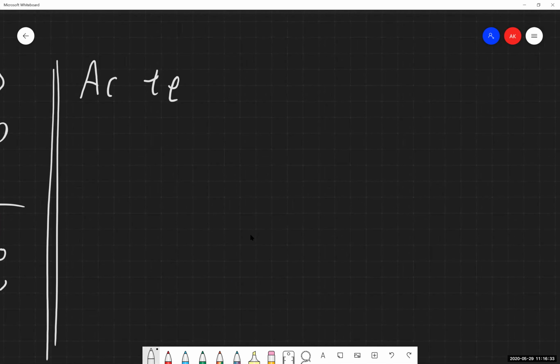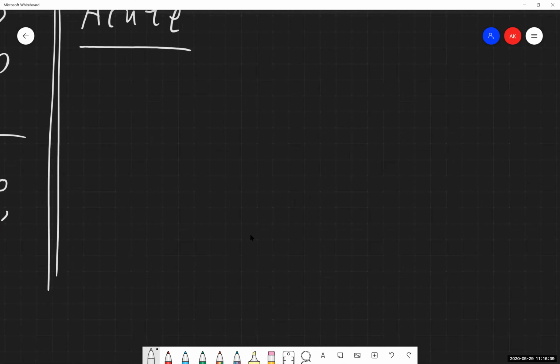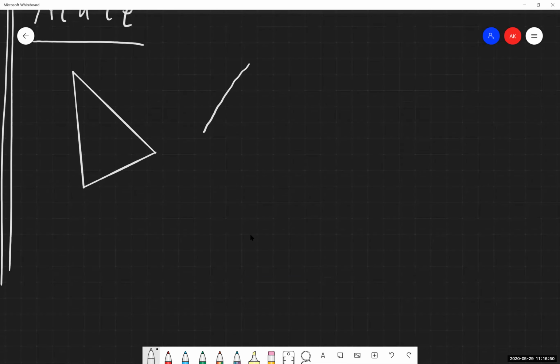Acute triangle. There we go. So for acute triangles, again, all the angles are less than 90 degrees. So we have something like this, something like that. It doesn't entirely matter the angling that they're set up.